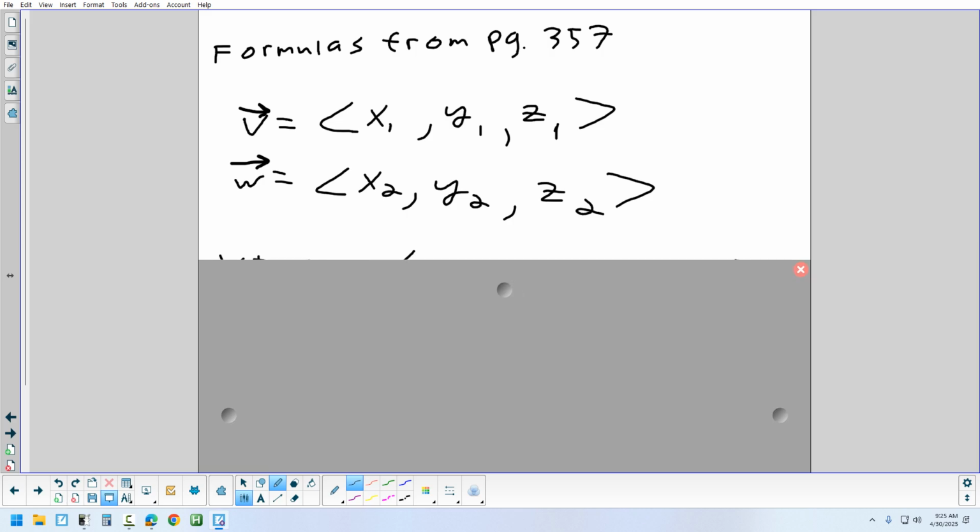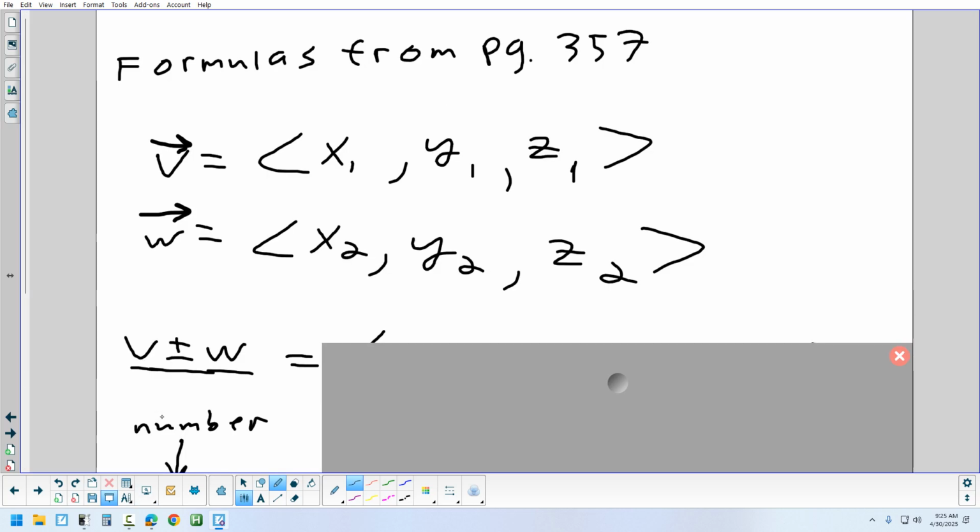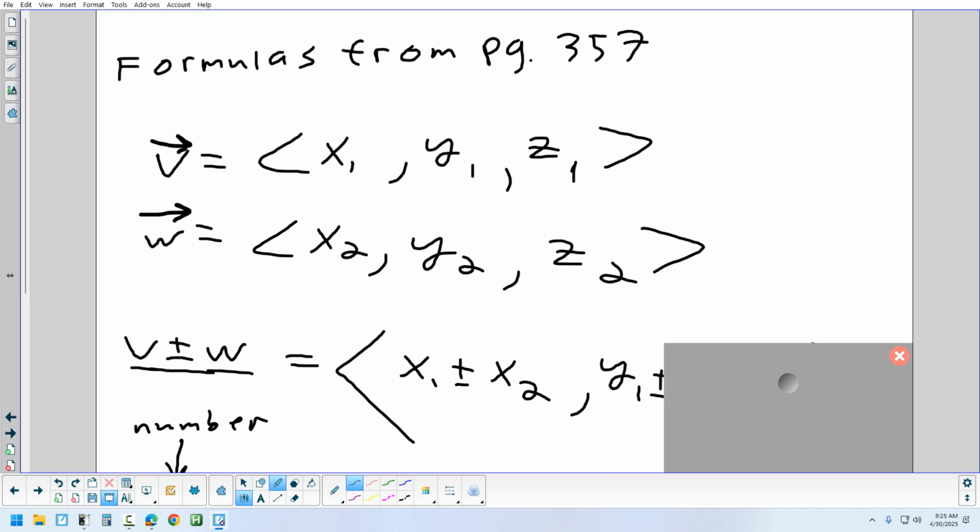And if I want to add the two vectors together, if they just had an x and a y component, I would take x1 plus x2, y1 plus y2, and I'd be done. What do I have to put on the end of that if I'm adding vectors in 3D? What's the additional piece you need? Yep, z1 plus z2.